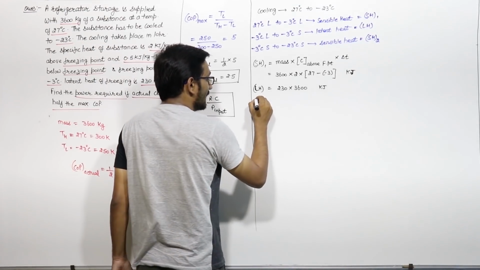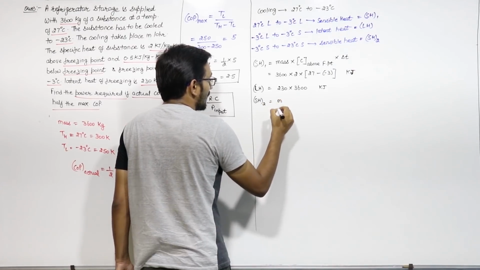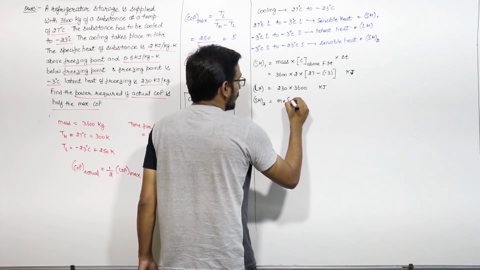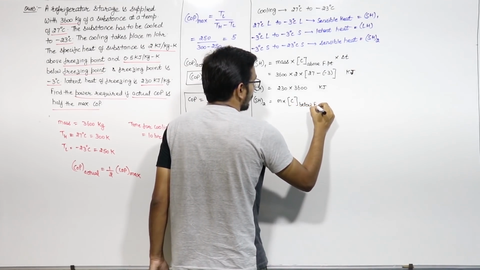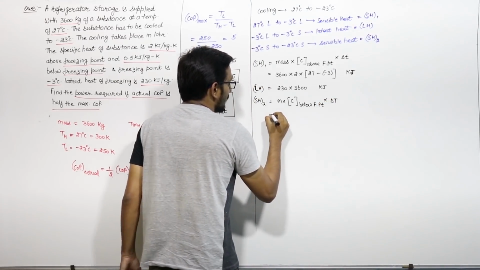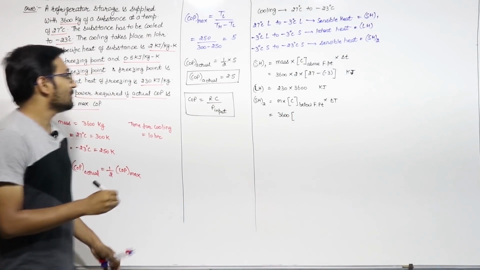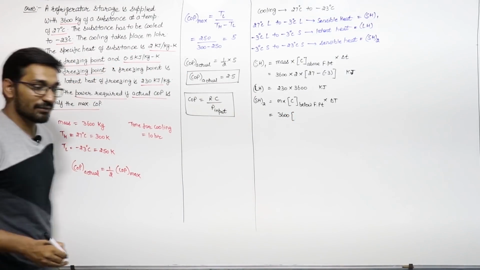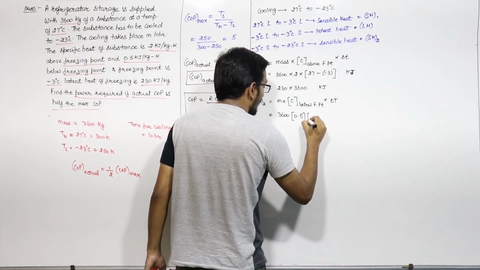What is the sensible heat 2? Second sensible heat is mass of the substance into specific heat below the freezing point into delta T. This will be equal to 3600. What is the specific heat below the freezing point? 0.5 kilojoule per kg Kelvin into, what is the delta T?